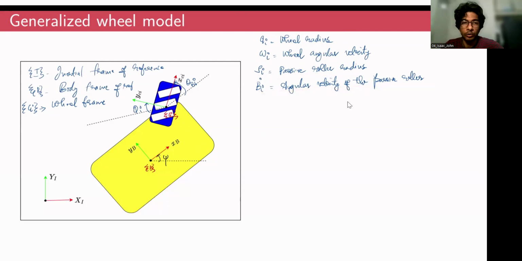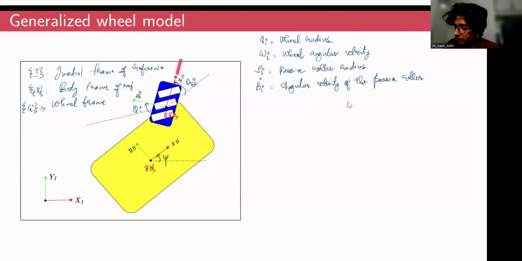So now what do we do? If you give an angular velocity to the wheel using a motor, because each of these wheels is connected to a motor which is attached to its hub, if you consider these to be the wheel hubs, these wheel hubs would be connected to a motor. So if you are driving this wheel using a motor, the wheels will roll along this XCI direction, right?